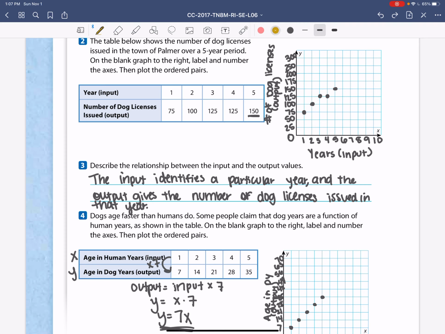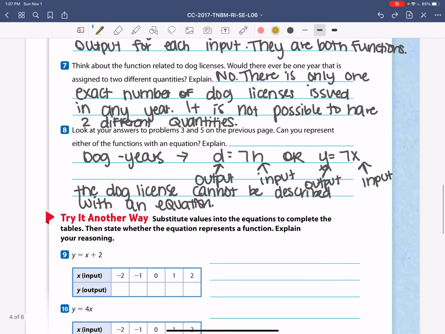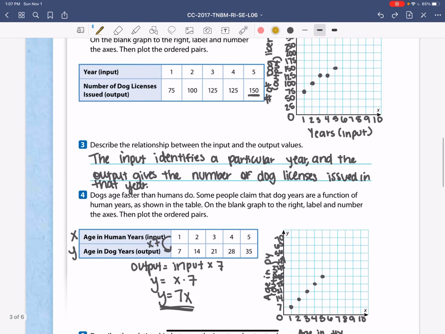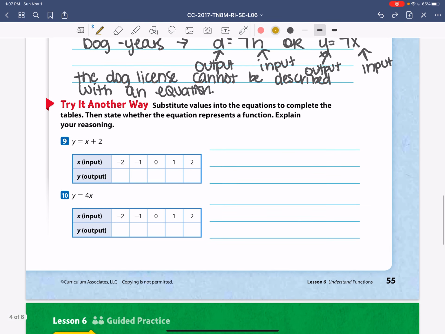If it was like this and then this, then we'd have a predictable outcome. But we had two points that were 125 in the output, and you can't really predict that, and you can't really write an equation for that. So there was no way we could write an equation for the dog license, but it was still a function because each input had its own output.